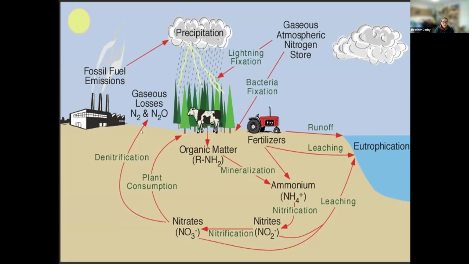So you can see these arrows, basically nitrogen being lost into the air, nitrogen being consumed by plants, nitrogen being lost into water through leaching and runoff. So there's lots of pathways here to lose nitrogen, and that's what we're trying to minimize. And we're trying to maximize how much nitrogen makes its way up into plants and ultimately into animals.